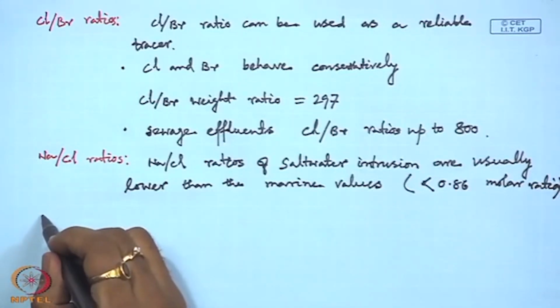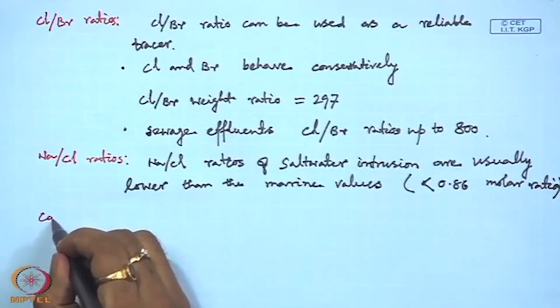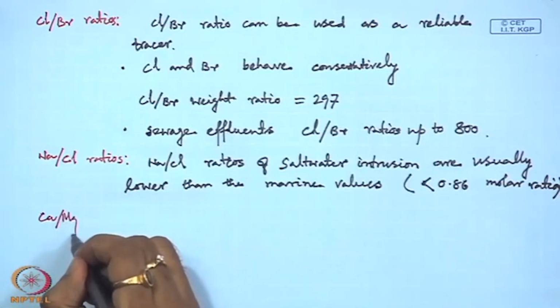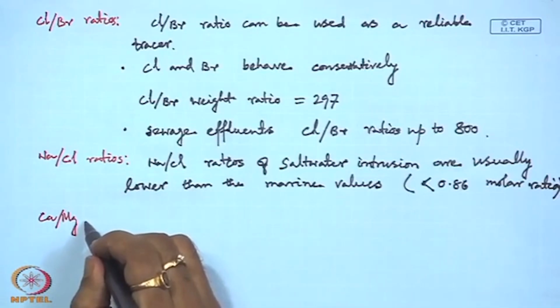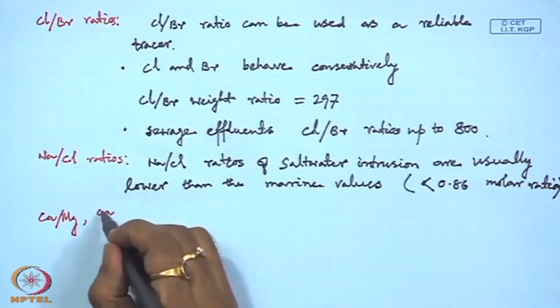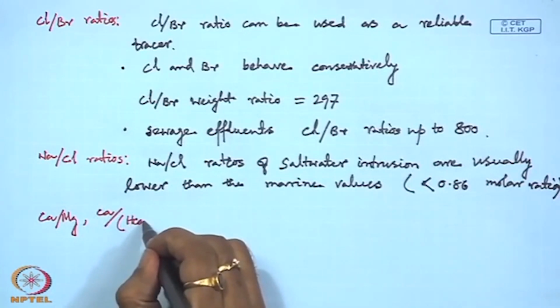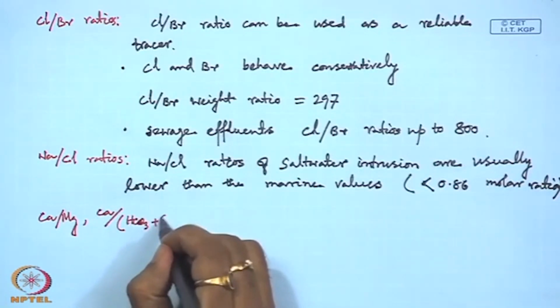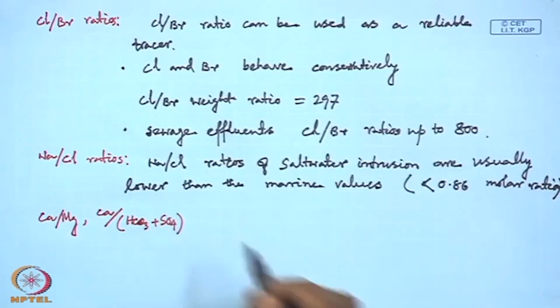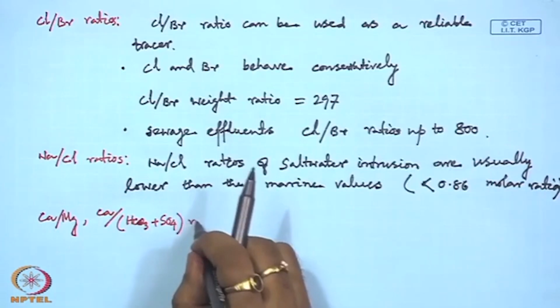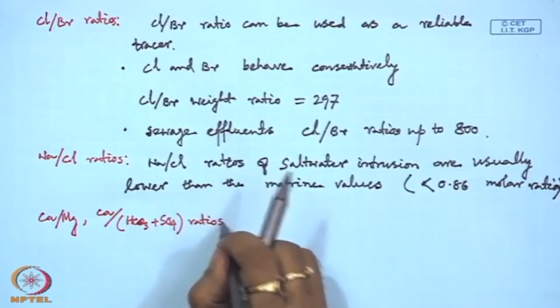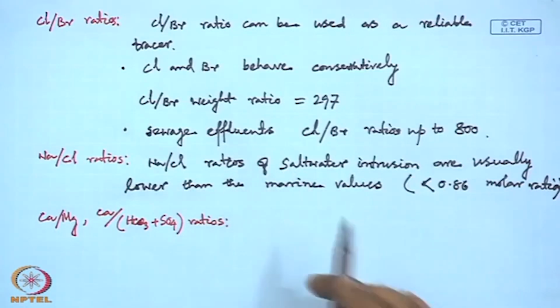The fourth parameter is calcium to magnesium, or you can have calcium to bicarbonate plus sulfate.